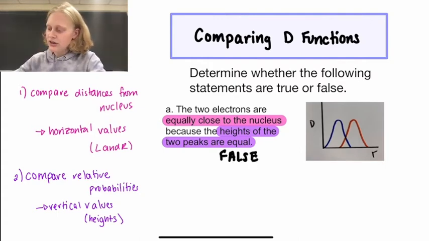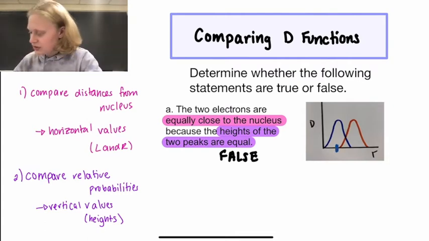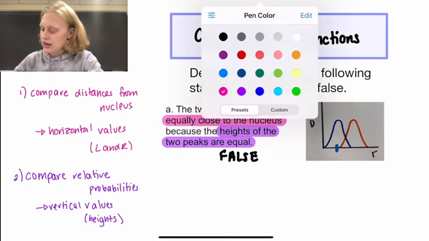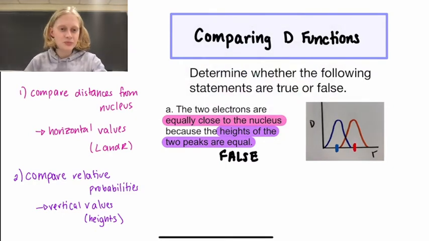If we actually look at it, we can see our blue function has an average value there, and our red function has an average value out here. So actually, our red function is farther away from the nucleus than our blue function.